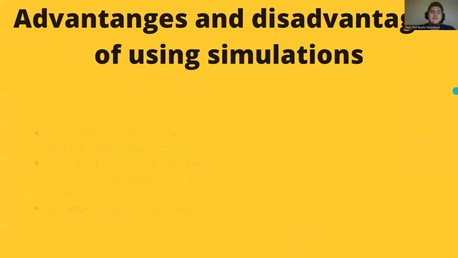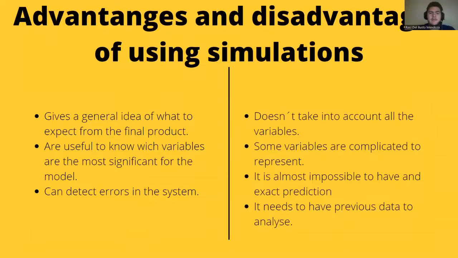This takes us to an interesting point of the video: the advantages and disadvantages of using simulations to develop a control system. Some of the advantages are that this gives us a general idea of what to expect from the final product.